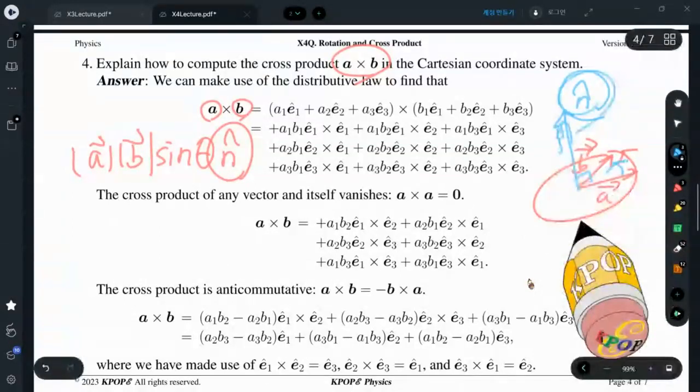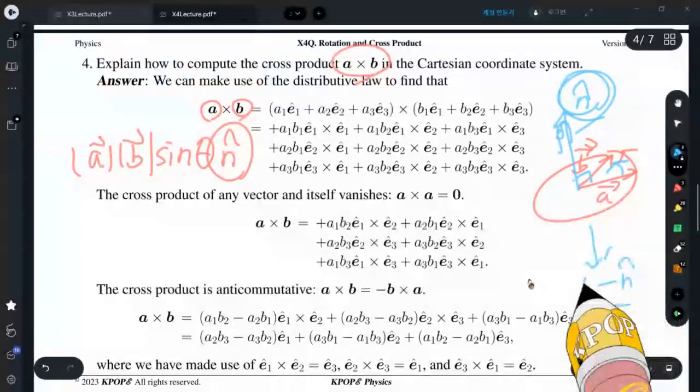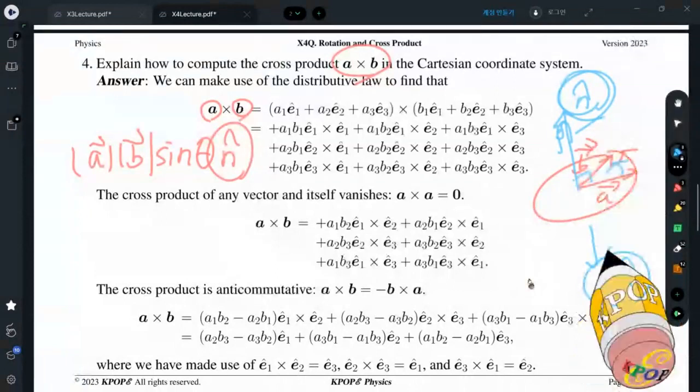So you have to distinguish what is n hat and what is minus n hat. You can make a mistake if you are not careful.